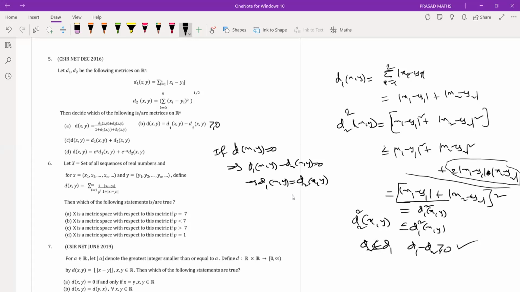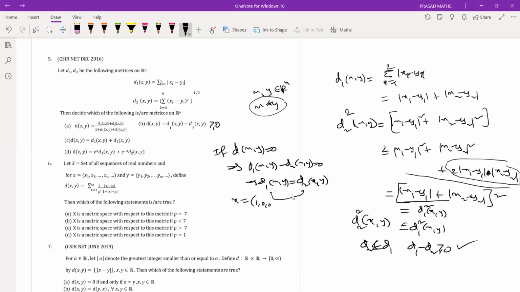So I need to find two distinct elements in R power n, x not equal to y, whose distances with respect to d1 and d2 are the same. Can you give me such x and y? Yes, we can.